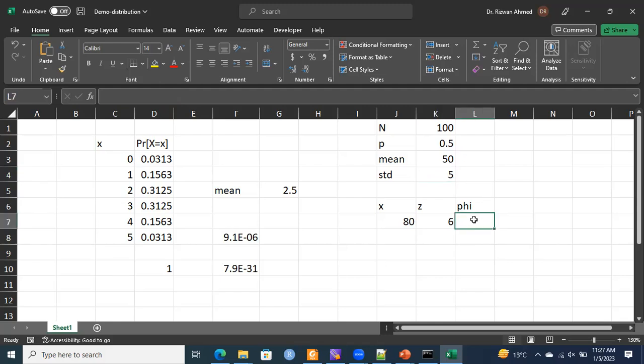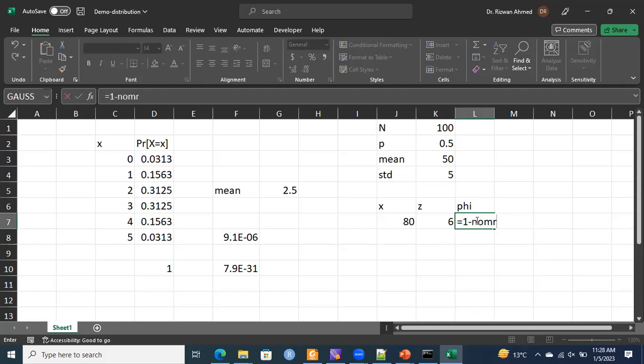So the phi value beyond this: how much is the probability of getting more than 80 heads in 100 tries? It means the probability of 80 heads, 81 heads, 82 heads. Let's compute that. You know the method with the table.